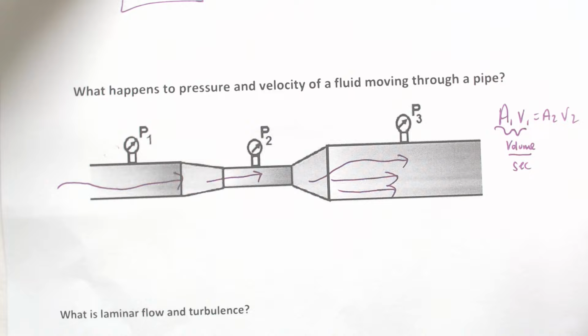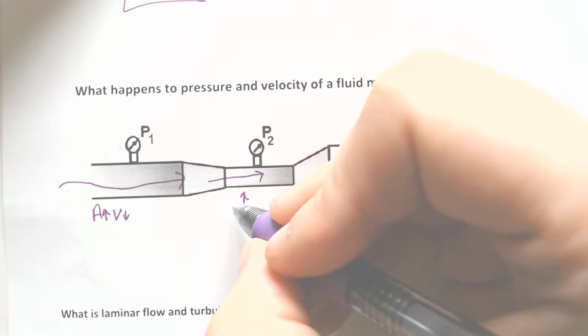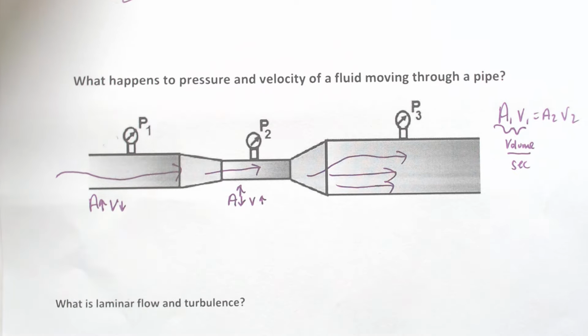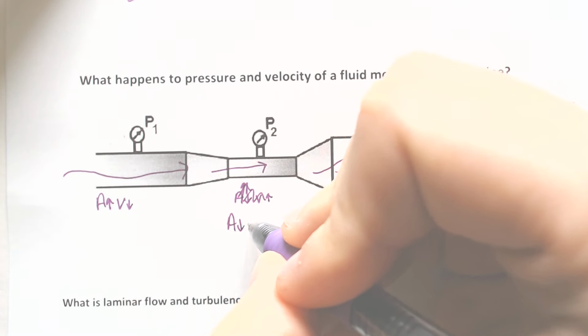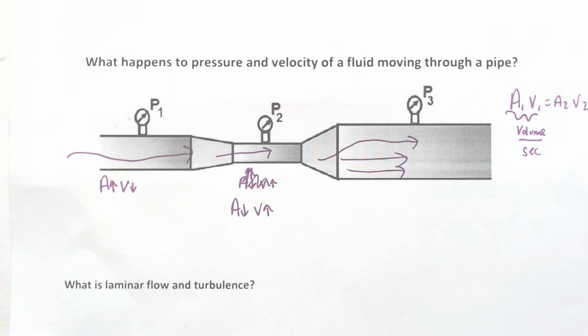Because here we have a bigger area, the velocity would be slower than right here where we have a smaller area. If the area decreases, the velocity has to increase. So area decreasing, the velocity would have to increase, which makes sense because if the area is going down, that water has to speed up to be able to accomplish getting rid of the same amount of it.